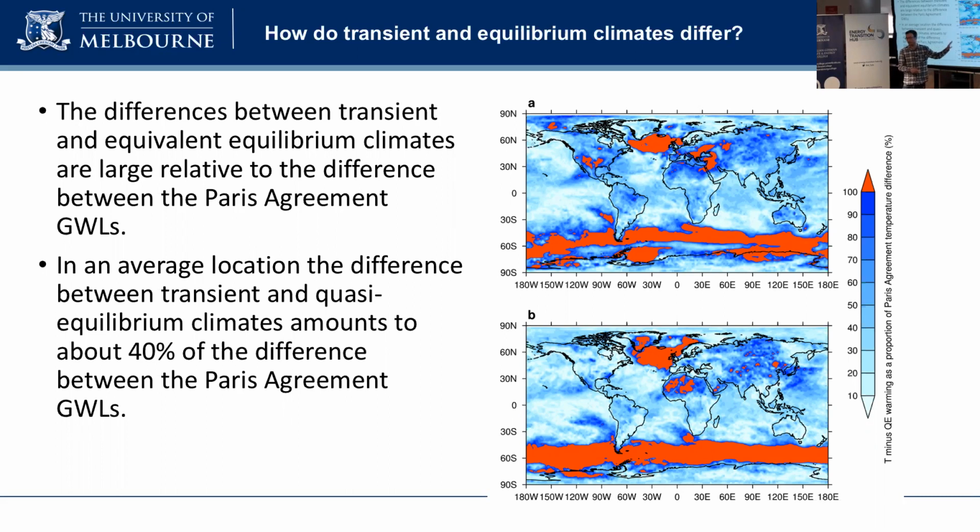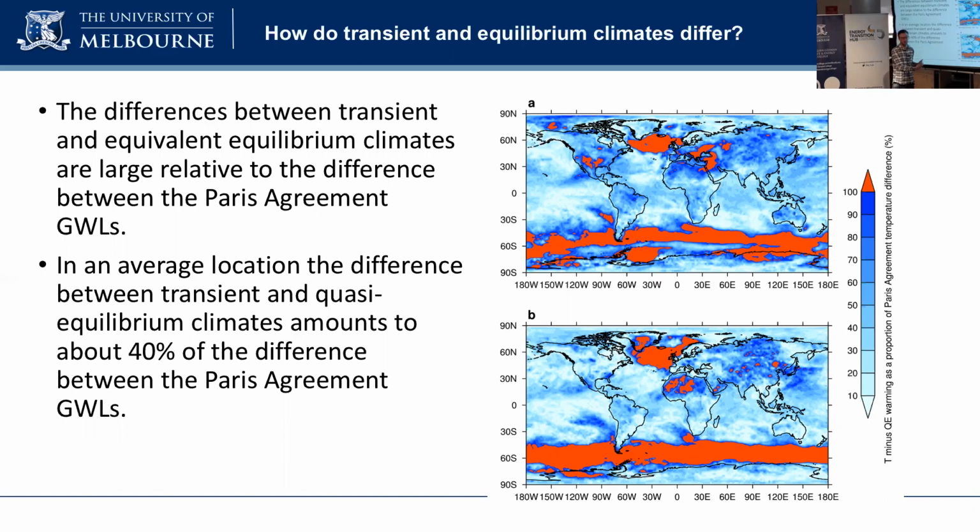But even over many land regions, it's quite a significant fraction of the difference between the Paris Agreement targets. We're talking on average across the whole globe about 40% of the difference for an average location on the world's surface. This is important because it's implicit in the Paris Agreement that we're talking about an equilibrium climate, not a transient climate.